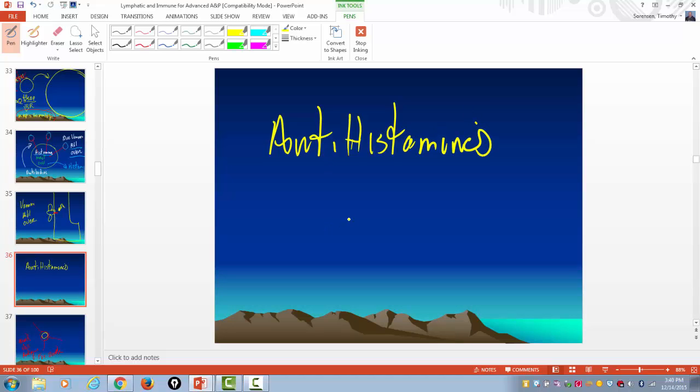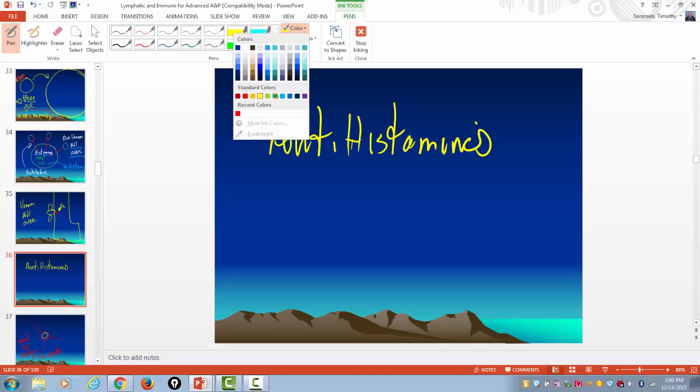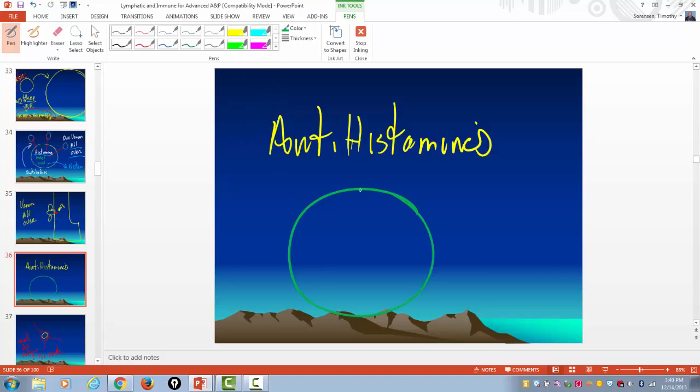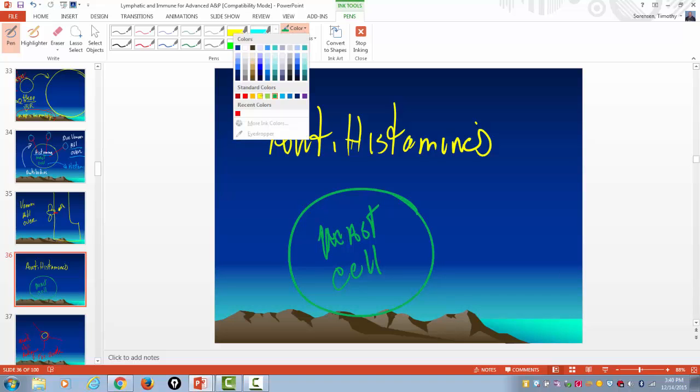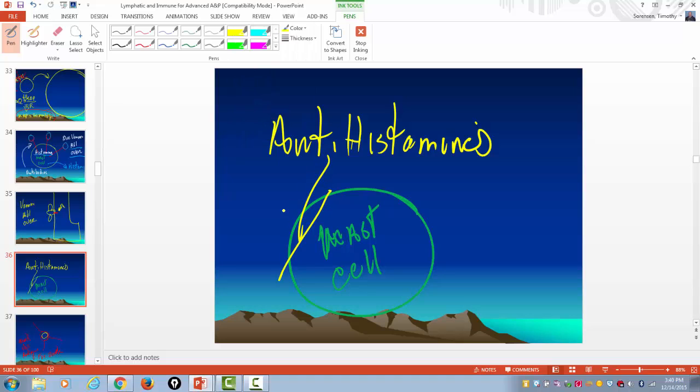Antihistamines, all they do is prevent mast cells from releasing more histamine. Right? It stabilizes them so they can't release any more histamines. But they don't do anything for the histamines that were already released.